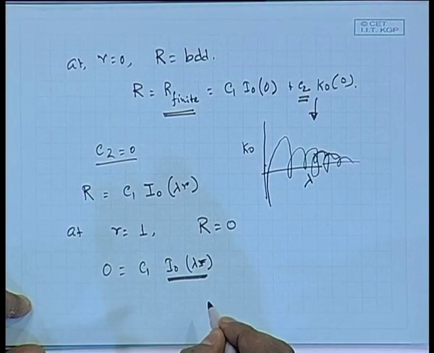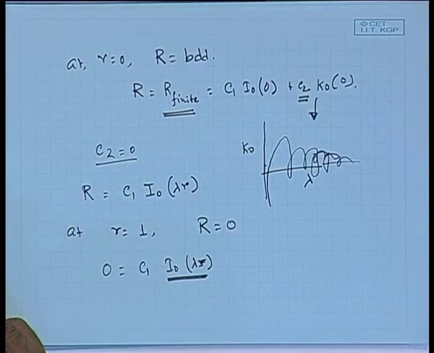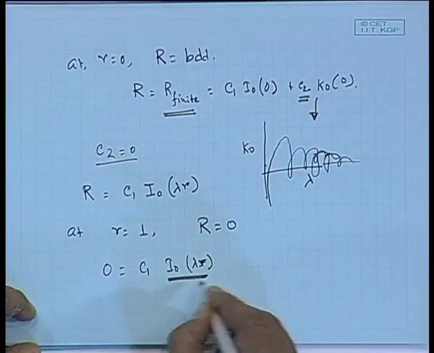What is I0? I0 is the 0th order modified Bessel function of the first kind. K0 is of the second kind, I0 is of the first kind, and these are all given either in a summation series or as a combined function of sine and cosine functions. Okay. So, I0 cannot be 0 for this case.